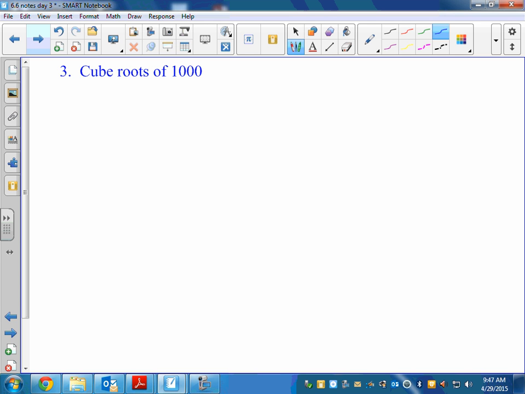Just kidding. So, cube roots of 1,000. 10. Cube roots of 1,000. Lots of people like to say the cube root of 1,000 is 10. You're gonna say it's not right, aren't you?